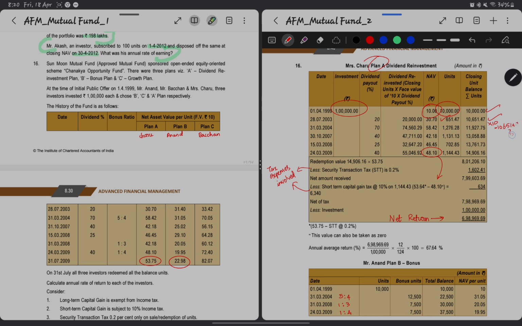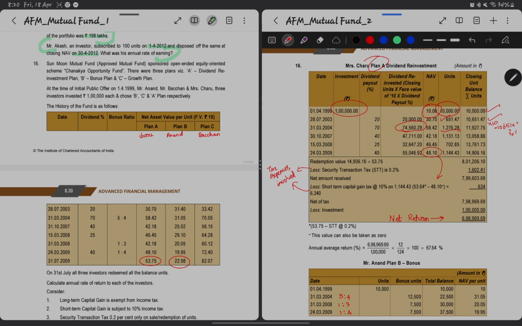This multiplied by 70% will be the dividend, 74,560, and NAV as on that date is 58.42. So 74,560 divided by 58.42 will give us 1,276, which will get added to my closing balance.